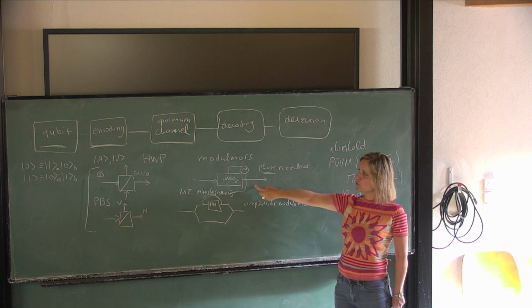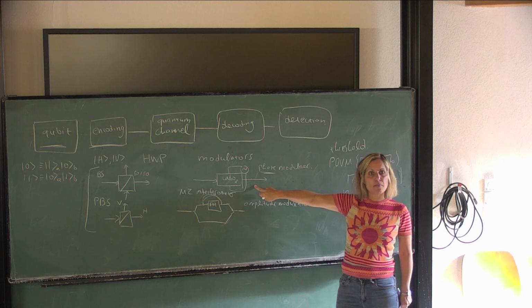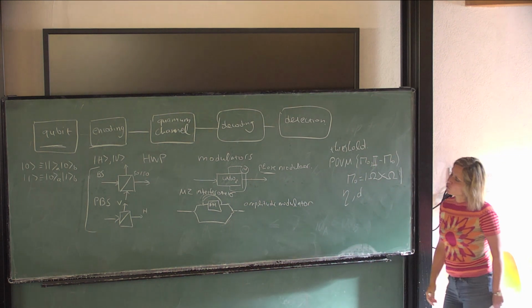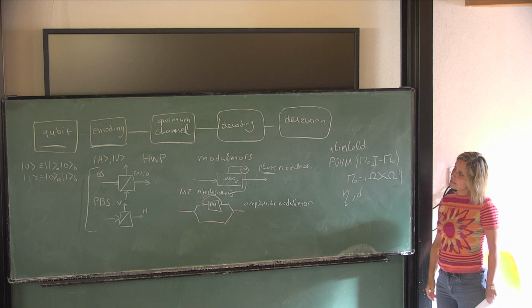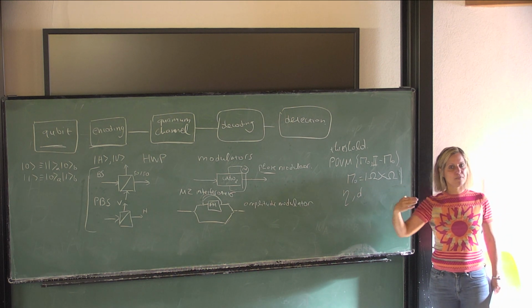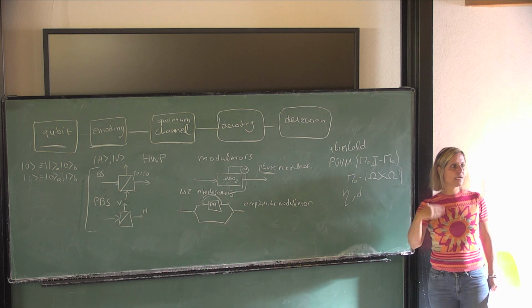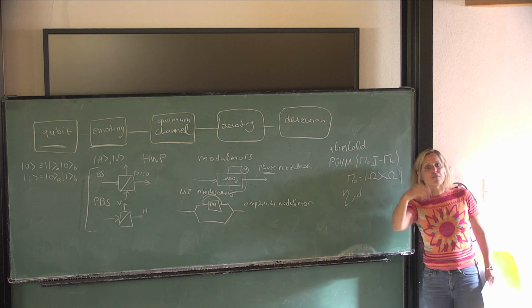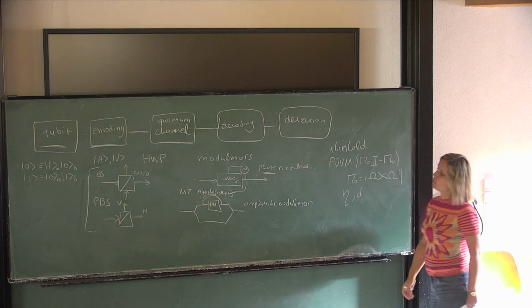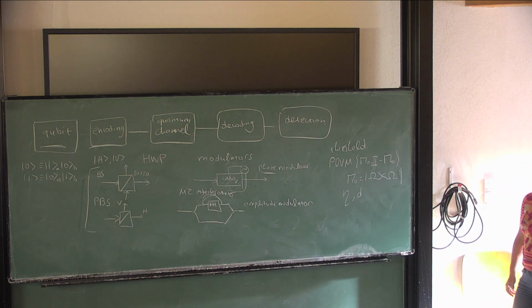Another characteristic that is super important is the speed or the bandwidth of the modulator. That tells you up to which frequency of the incoming light you can have the effect that you are looking for, how fast your wave can go before it's not possible anymore to modulate your signal.